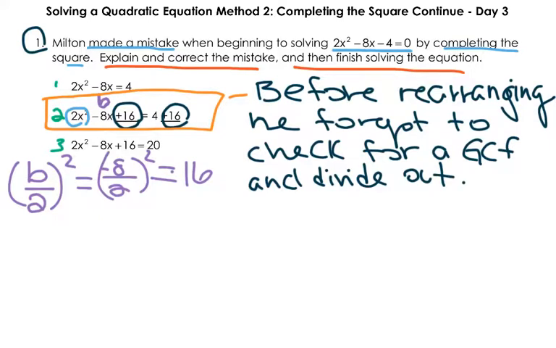Okay, that's a mistake. And then it's telling you to finish solving the equation.